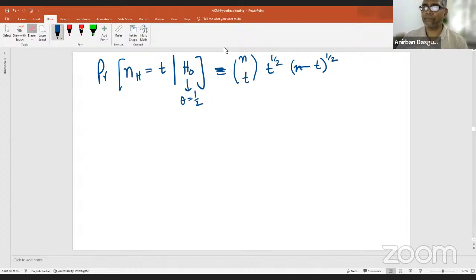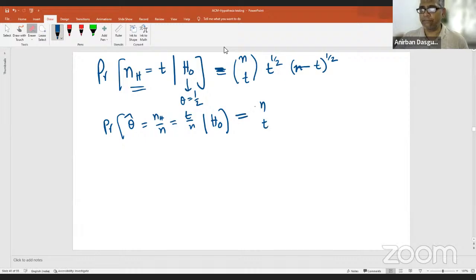This is the complete distribution of the random variable NH under H0. The probability that theta hat, which equals NH by n, equals t by n under H0 is also equal to the same thing. It is just a scaling, so I easily can get this just by scaling NH by n.